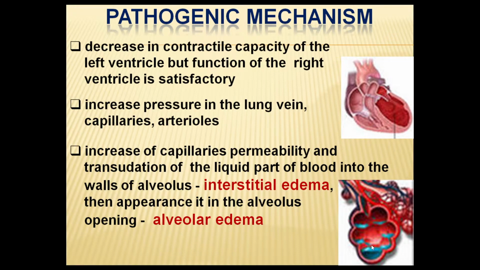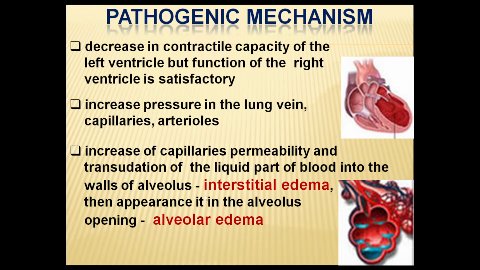First of all, it goes into the intra-alveolar part. We are talking about interstitial edema, which is clinically manifested with cardiac asthma, and then it actively moves into the alveoli.